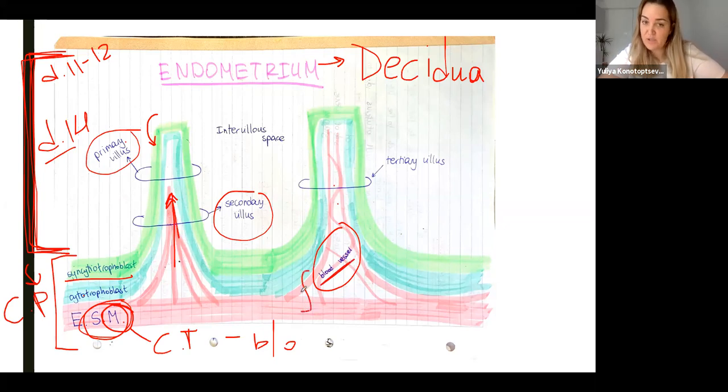This is embryonic, this is fetal blood vessel. As soon as blood vessels start to appear here, of course, you cannot call it secondary villi. You must call them tertiary villi. So what is the difference between secondary and tertiary villus? Secondary villus still has the mesoderm, while the tertiary villus already converted that mesoderm to become blood vessels.